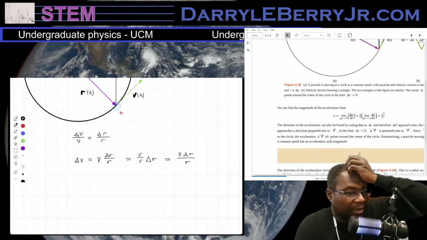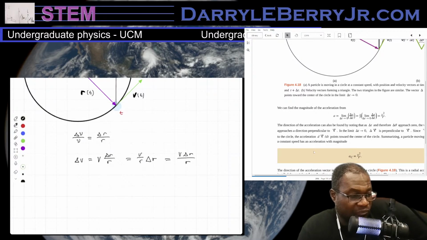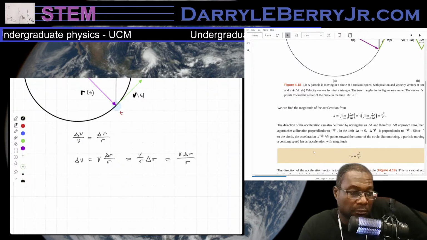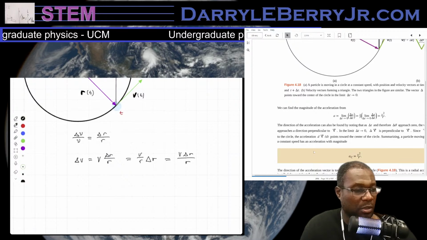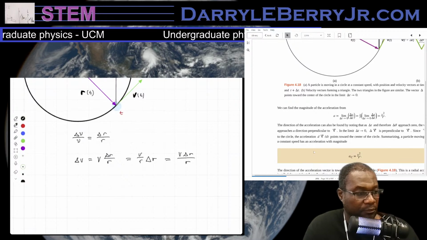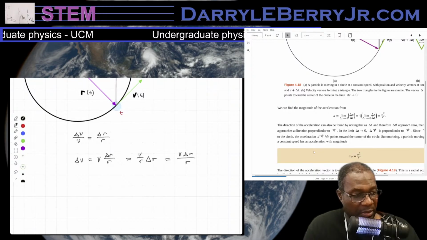Okay, looks like they replaced change in V with V change in R over R. So now we have the limit as change in t goes to 0 of change in R over t. Change in R over change in t is velocity, instantaneous velocity.